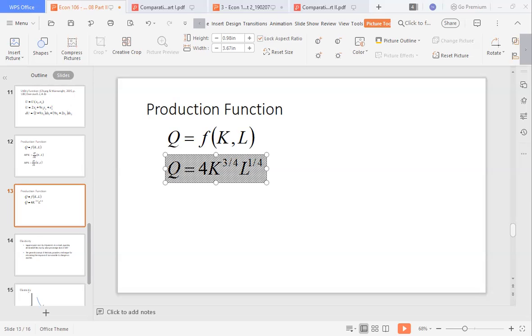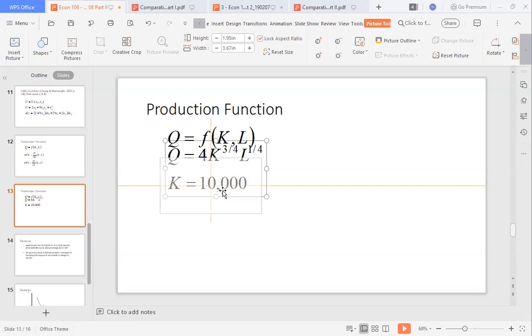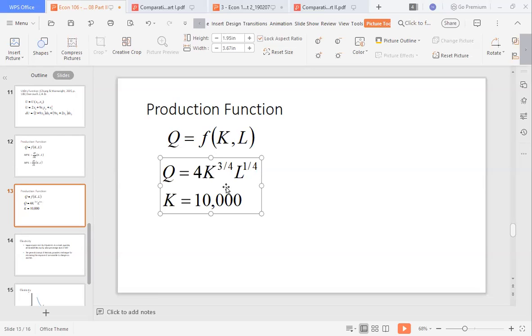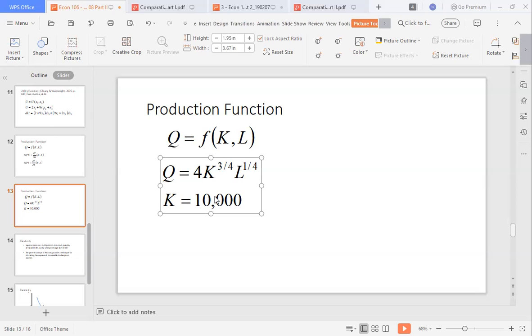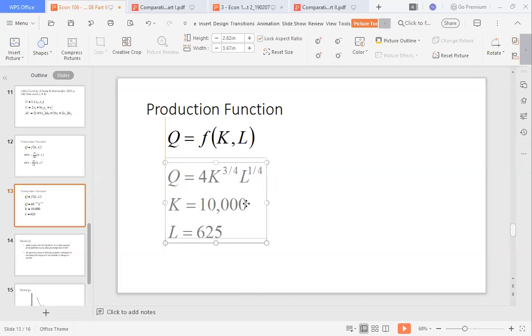Remember, K here is R times K and labor is W times L, so that's rent times capital and wage times labor. You might find the figures a bit superficial, but I'm just taking it from R times K and W times L. So supposing we now have K equal to 10,000 and L equal to 625.